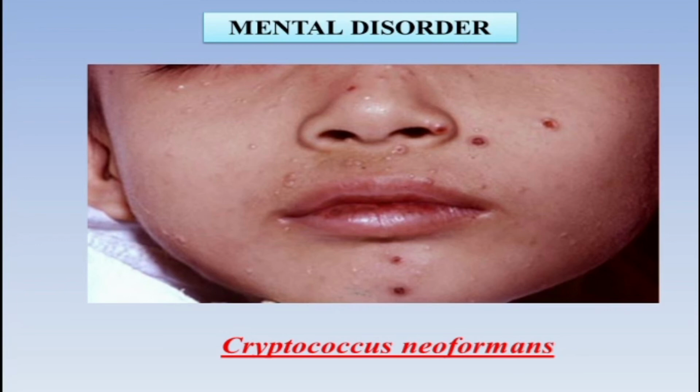So Cryptococcus neoformans first survives inside the lungs and then travels into the brain. Then we get headache, fever and many other symptoms. So this is the mental disorder, one of the major diseases caused by Cryptococcus neoformans.